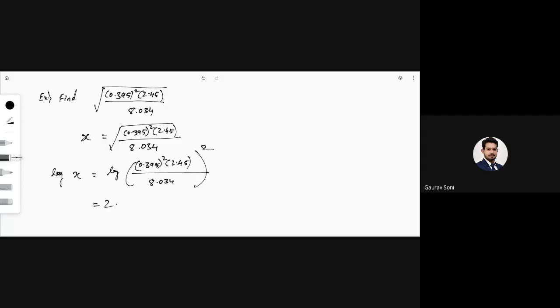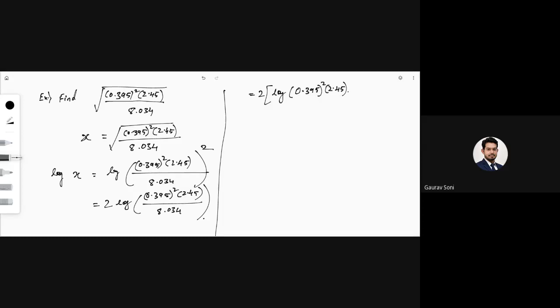So this will be half times log of this number, 0.395 whole square into 2.45 upon 8.034. Right? Now there is a division. So if there is a division, the property says you subtract log of the denominator from log of the numerator: log of 0.395 square into 2.45 minus log of 8.034. Correct?